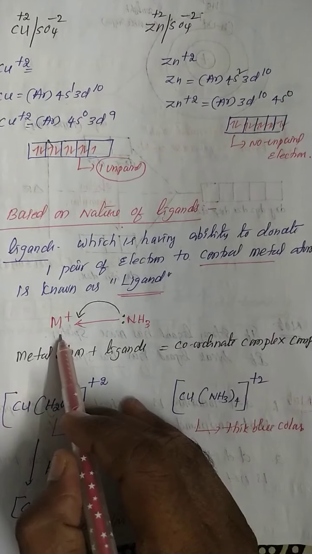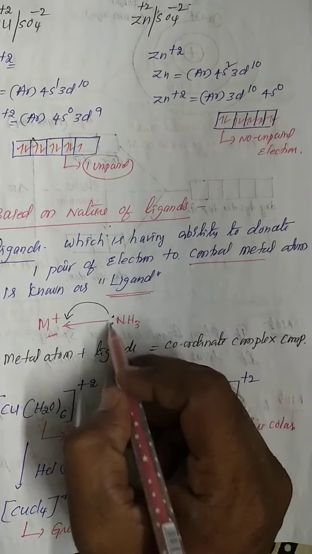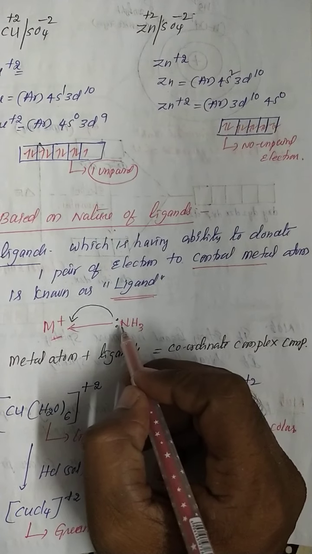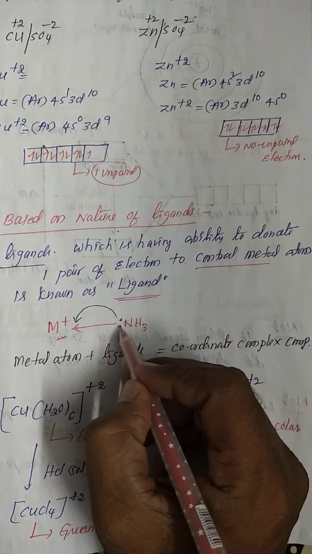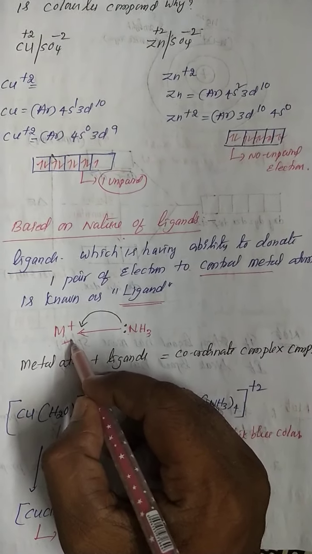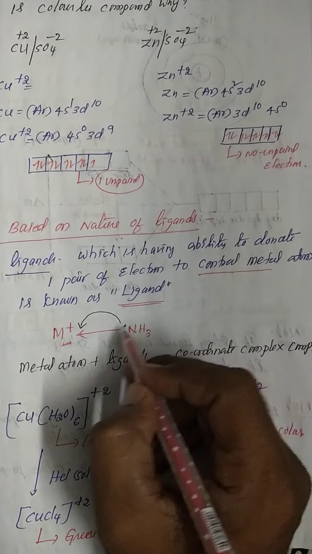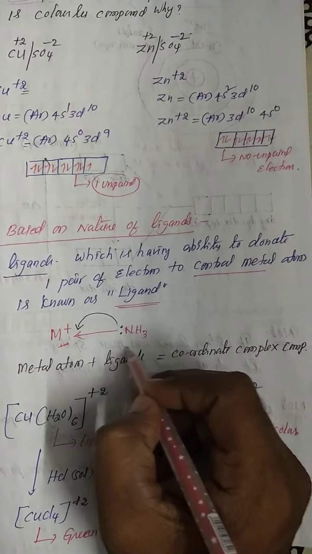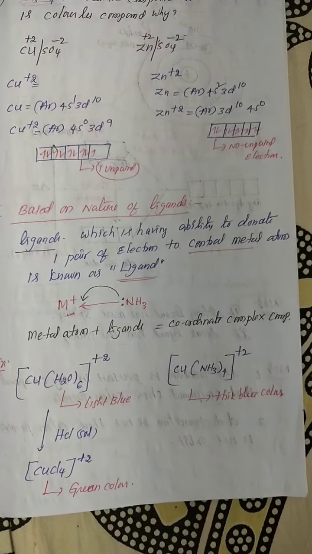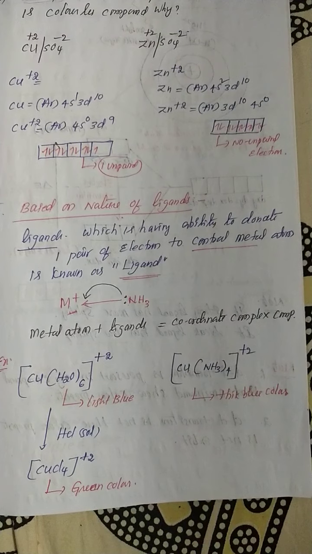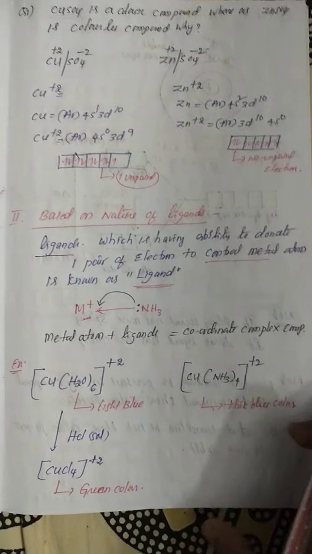For example, this is a central metal atom, and this is one compound that has one lone pair of electrons. It can donate that lone pair to the central metal ion, so this compound is the ligand.